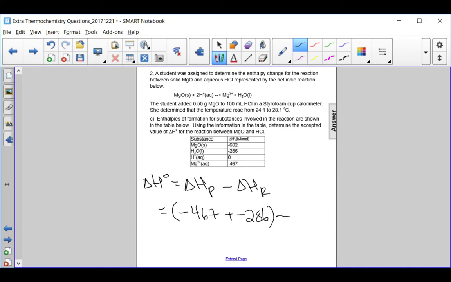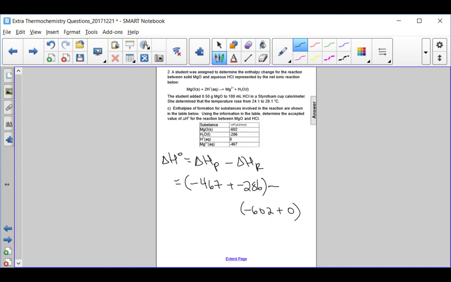And then minus, I'm going to come down here for the sake of space, reactants, MgO minus 602 plus 0 for the H+. And again, that would be kilojoules per mole times moles in the chemical equation. So put that in a calculator.